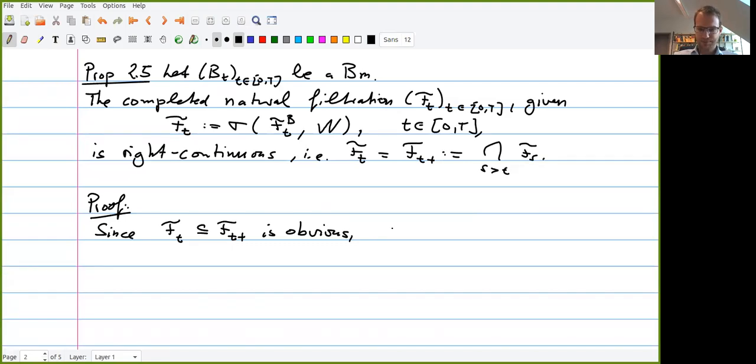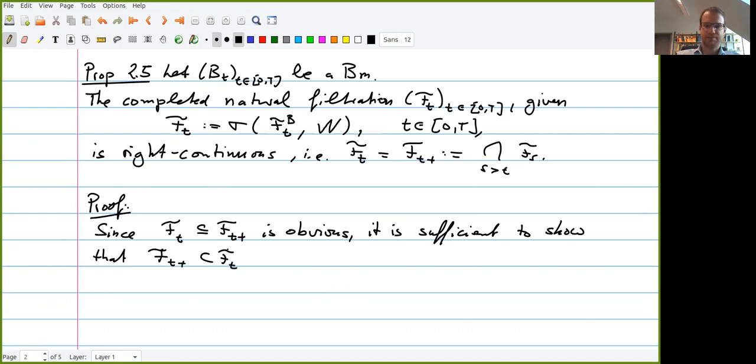So what we want to show is the other direction. This means I want to show that F_t plus is also included in F_t, which is not clear because we have here always a bigger filtration.